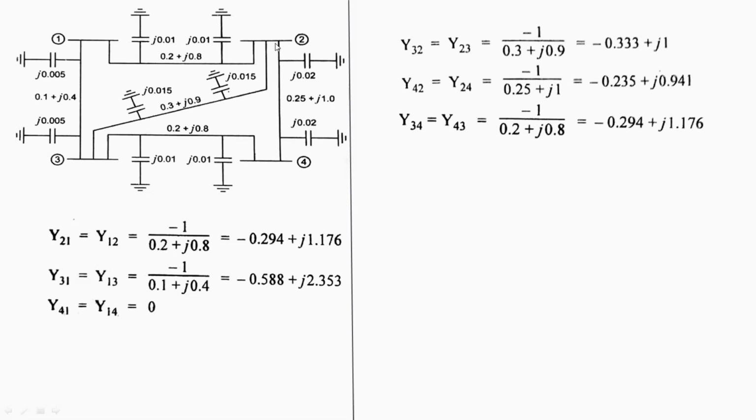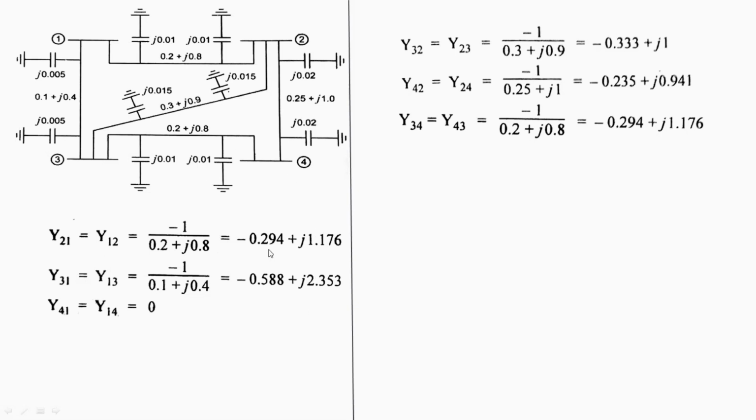Then calculate the remaining mutual admittances. Y32 is minus 1 divided by 0.3 plus j 0.9. Y42 is minus 1 divided by 0.25 plus j 1. Y34 is minus 1 divided by 0.2 plus j 0.8.